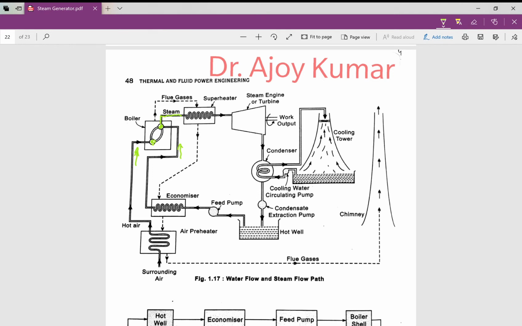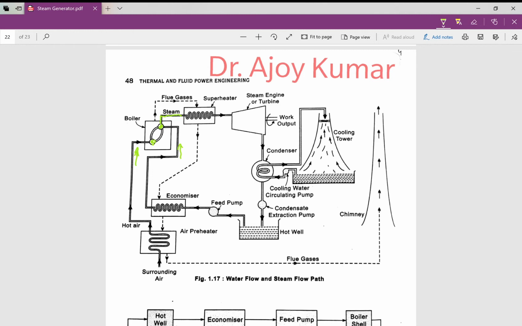Suppose the quality of steam produced by this boiler is either wet or dry saturated or saturated. Everyone wants to improve the quality of steam so that more and more power can be produced by the steam turbine.